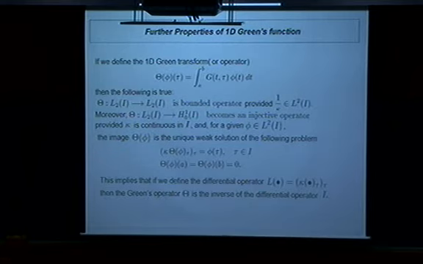So if phi is in L2, then this transformed function itself satisfies the general elliptic problem like this, where the right-hand side is phi. So this means this Green operator is the inverse of the differential operator.